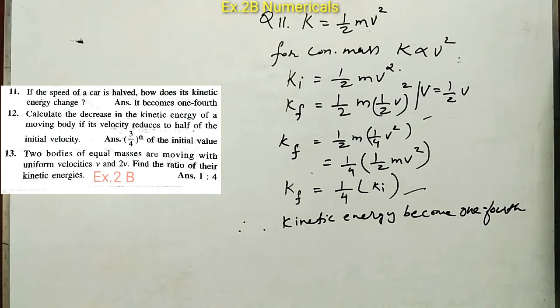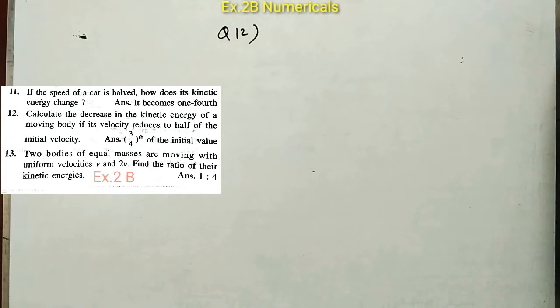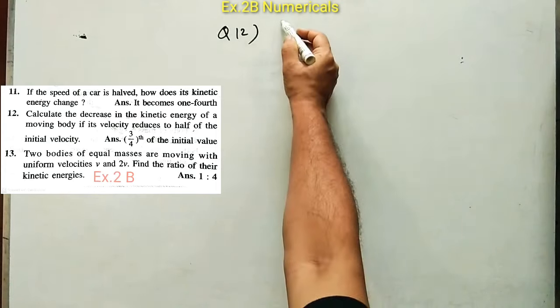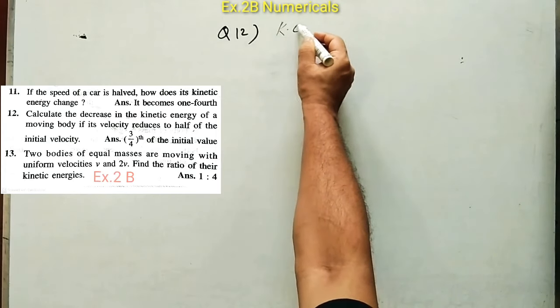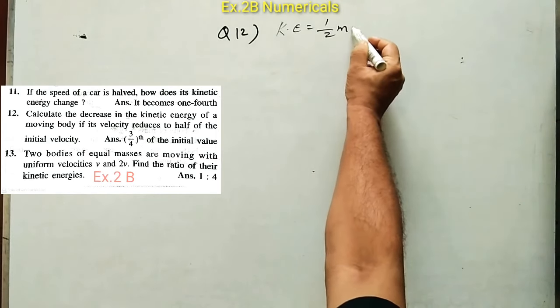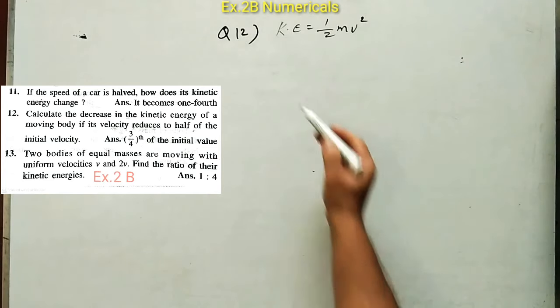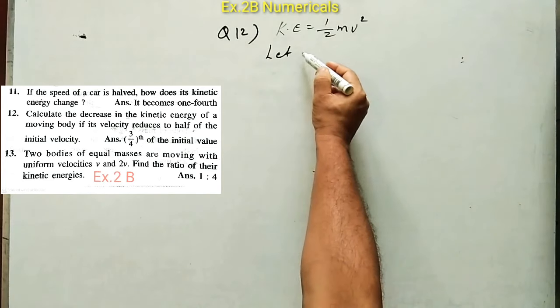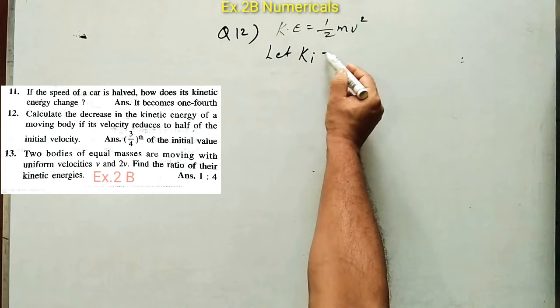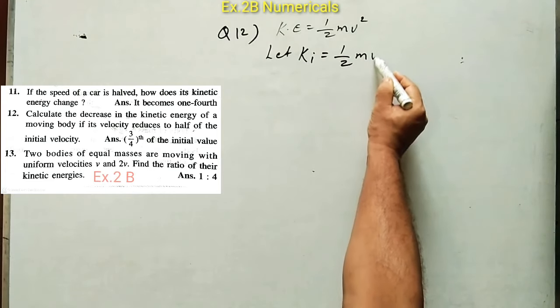Okay. Now let's solve question number 12. Calculate the decrease in kinetic energy of a moving body if its velocity reduces to half of its initial value. So the kinetic energy is given by the formula Ke is equal to half mv square. So for our convenience, let the initial kinetic energy Ki is equal to half mv square.